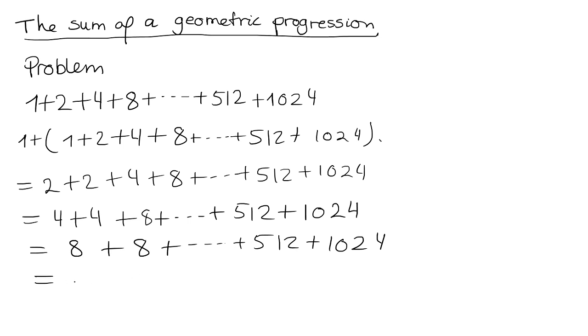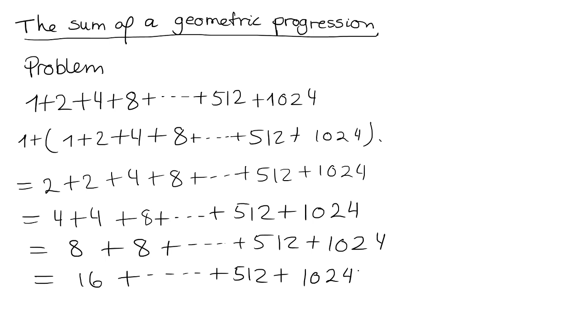And we keep going one more time, 16 plus all the way up to 512 plus 1024. And I don't want to keep going any longer, so now let's try to find some kind of structure or symmetric properties of what's going on here.